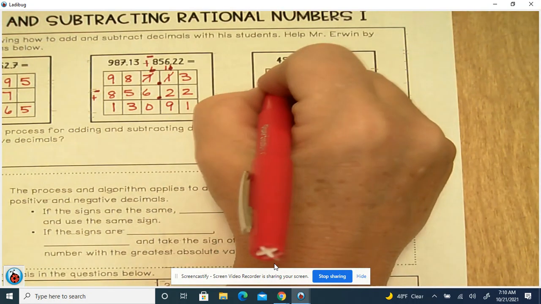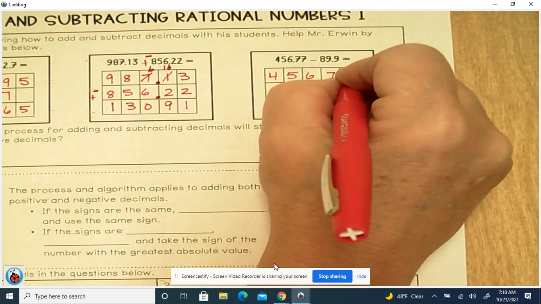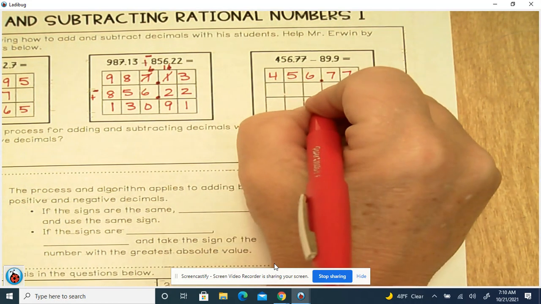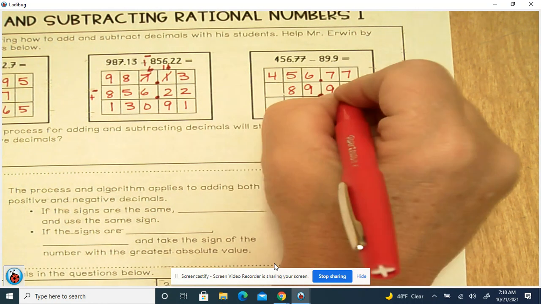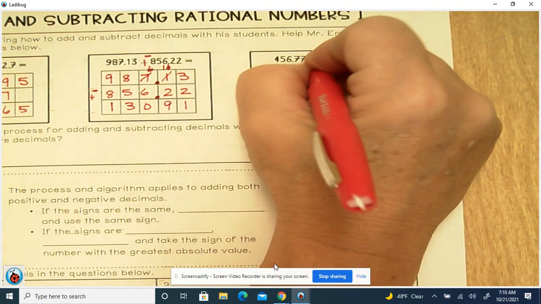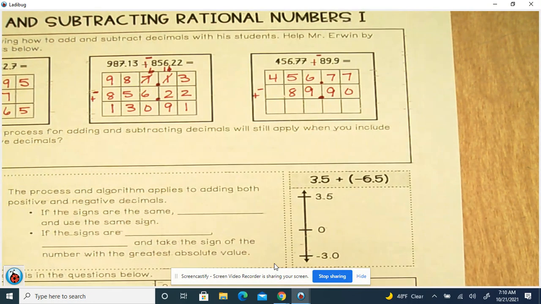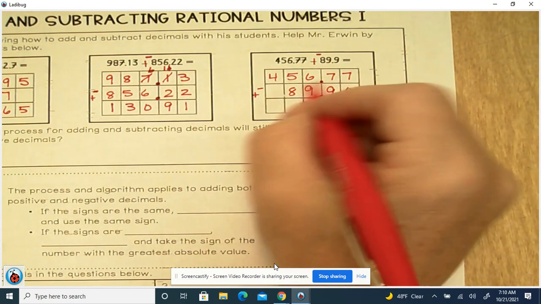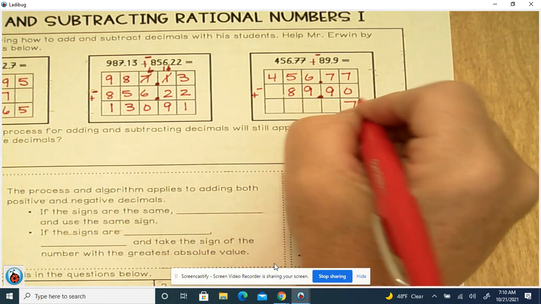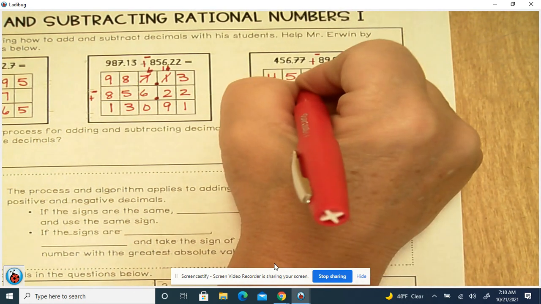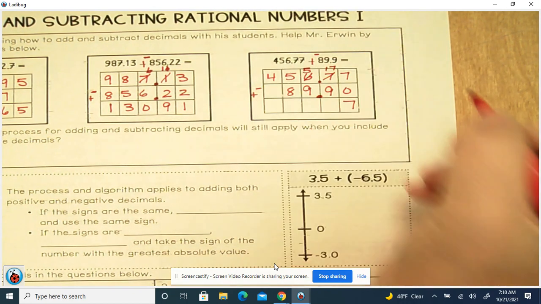All right, here we've got 456.77. And then we're going to put the 9 so we line it up right. And the 8. Change the minus to a plus, change the sign of next. So that is also plus a negative 7, opposite subtract, so different sign subtract. So 7 minus 0 is 7. We can't take 9 from 7, so we borrow from the 6 and make it a 5 and change that to 17.